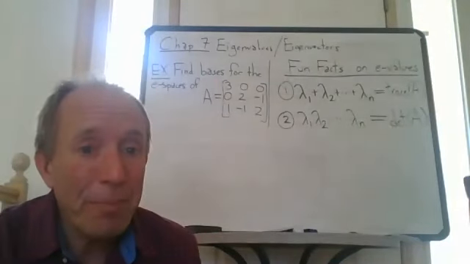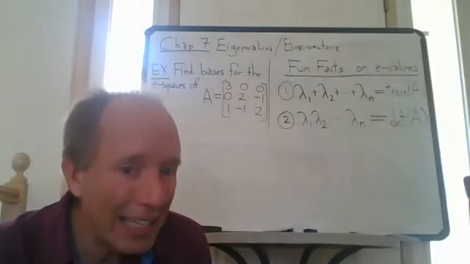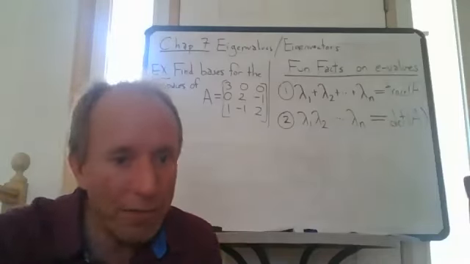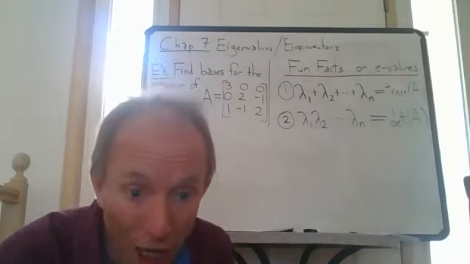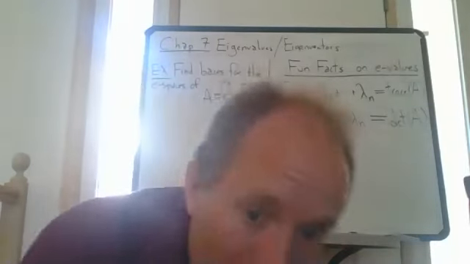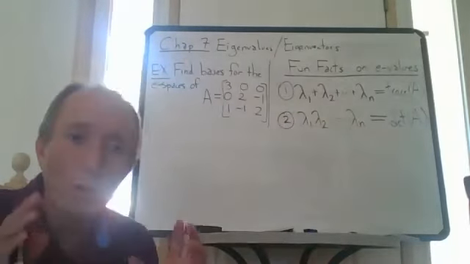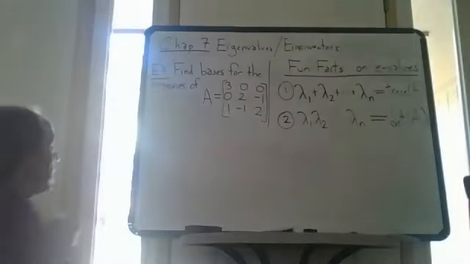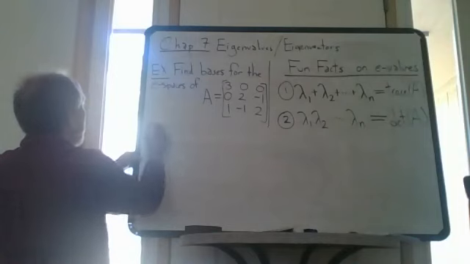Now, this time, the matrix is not triangular. So I can't just grab the lambdas off of the main diagonal. That would actually be wrong. Okay. So we actually have to go through a little more calculation. I have to do the characteristic equation. So I'm going to find my lambdas by doing that.